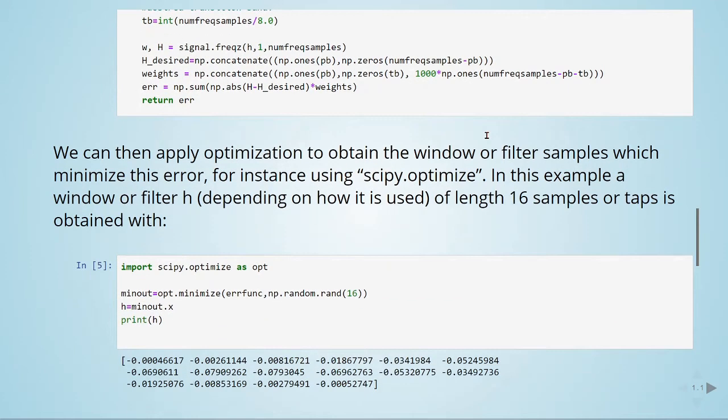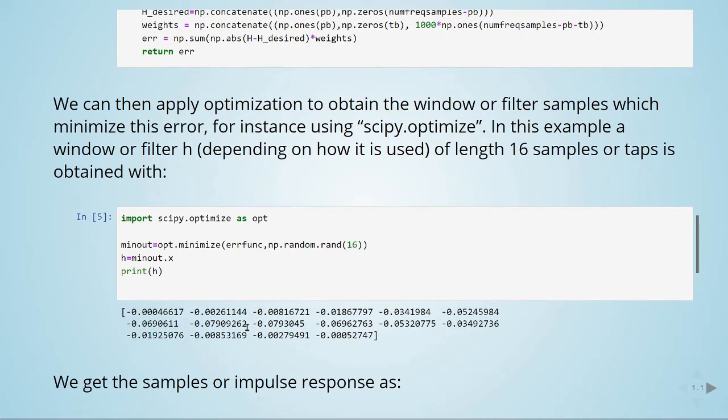We can then apply some optimization to obtain the window or filter samples which minimize this error, for instance using scipy.optimize. In this example, a window or filter H, depending on how it's used, of length 16 samples or taps is obtained this way.